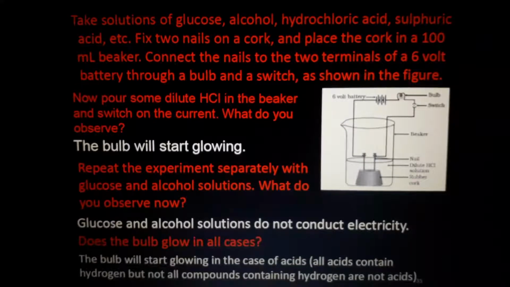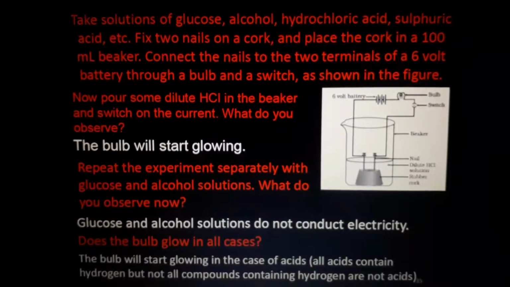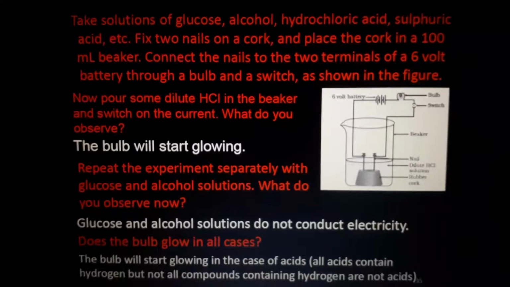And a variety of alcohols are there. Mostly we are using ethyl alcohol. I forgot the formula. Anyway, you don't need to study the formula in this chapter. So these types of solutions also resemble acids. Alcohol and glucose, their property is almost like acid, but they are not considered as acid.